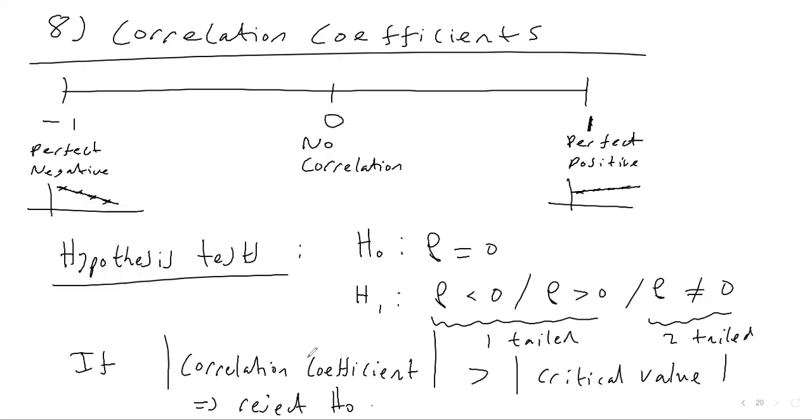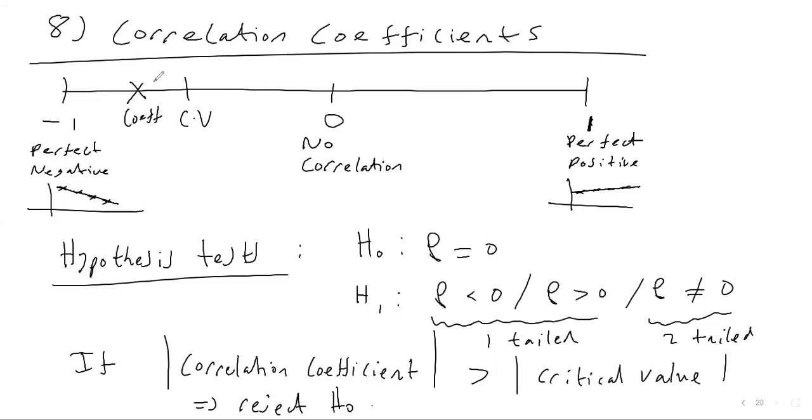And the key thing to notice is this. If the modulus of your correlation coefficient from the data they give you in the question is greater than the modulus of the critical value, then you reject H naught. So if your correlation coefficient from your data is more extreme than the critical value, so let's say that's your critical value there, and you got something like this in your data, that's your coefficient there.